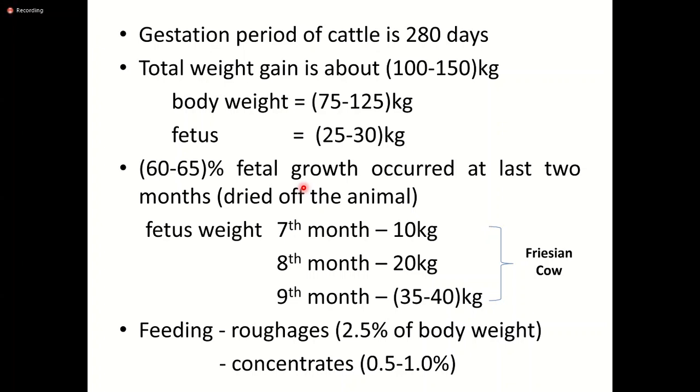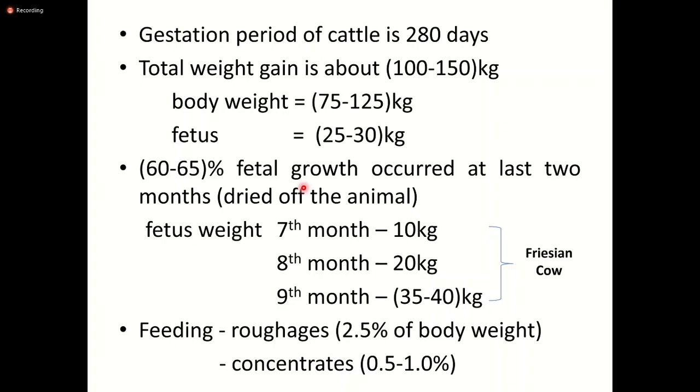But once it reaches the 7th, 8th, 9th month, that's the time it starts to grow fast, reaching about 35 kilograms in body weight at the end of the gestation period. සාමාන්‍ය කිලෝ 40 වගේ වෙනකන් වැඩි වෙනවා. ඒ කියන්නේ fetus growth එක 3-2කට වඩා සිද්ධ වෙන්නේ අන්තිම මාස දෙක තුනේ.